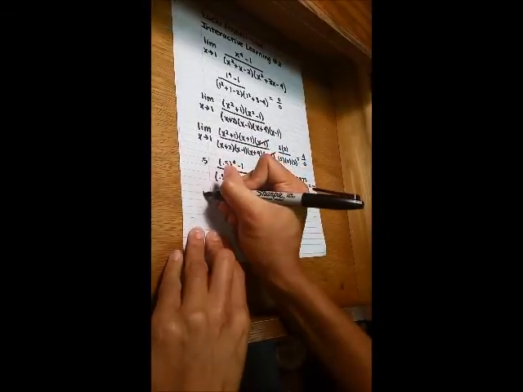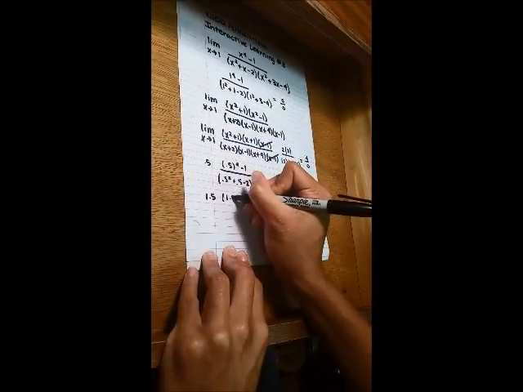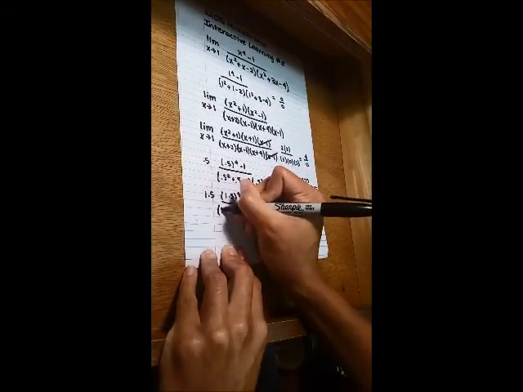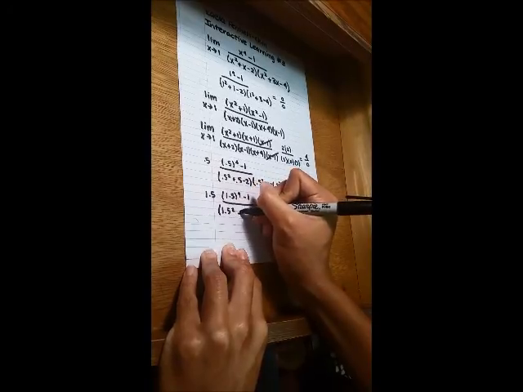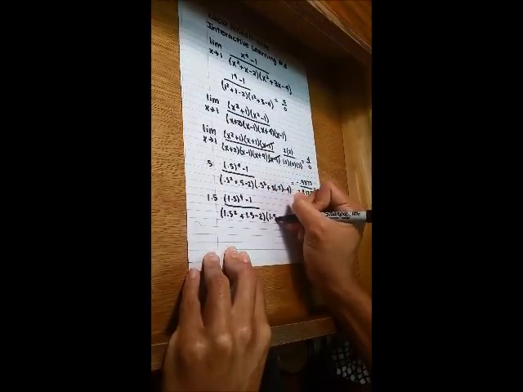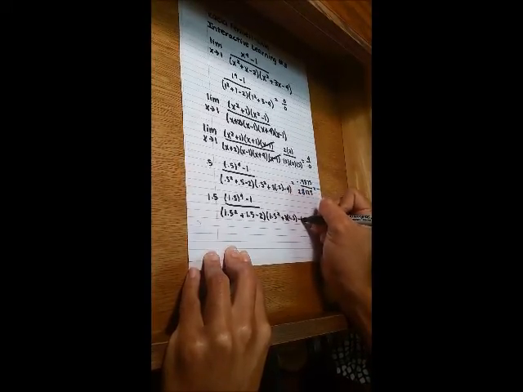And then if we were to plug in 1.5, which is on the other side of 1, you get 1.5 to the 4th minus 1 over 1.5 squared plus 1.5 minus 2 times 1.5 squared plus 3 times 1.5 minus 4.